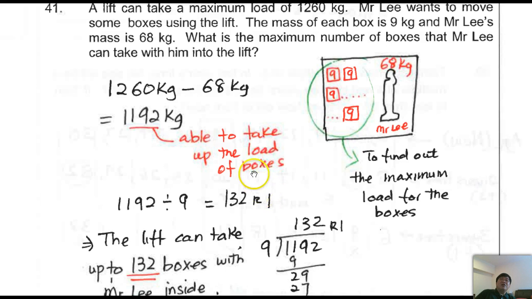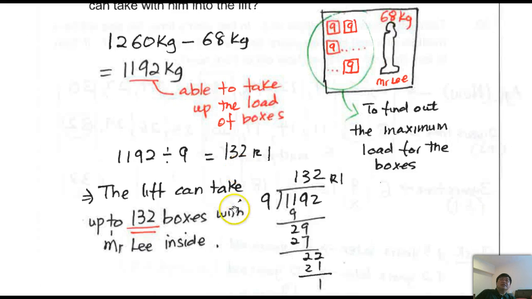Now let us find out how many boxes there are. 1192 kilograms divided by 9 kilograms gives you 132 boxes. Of course, there's a remainder of 1 kilogram it can take. But for the 9 kilogram boxes, the total is 132. So the answer is, the lift can take up to 132 boxes with Mr. Lee inside.